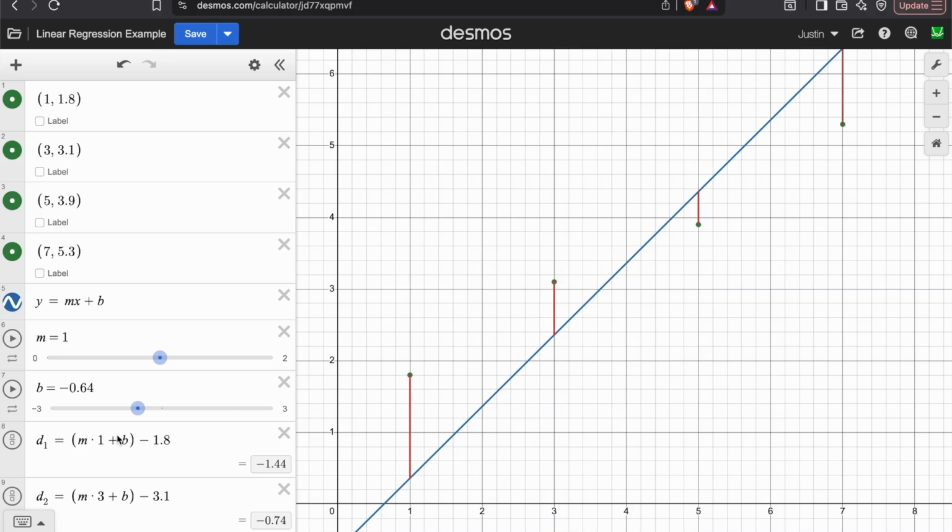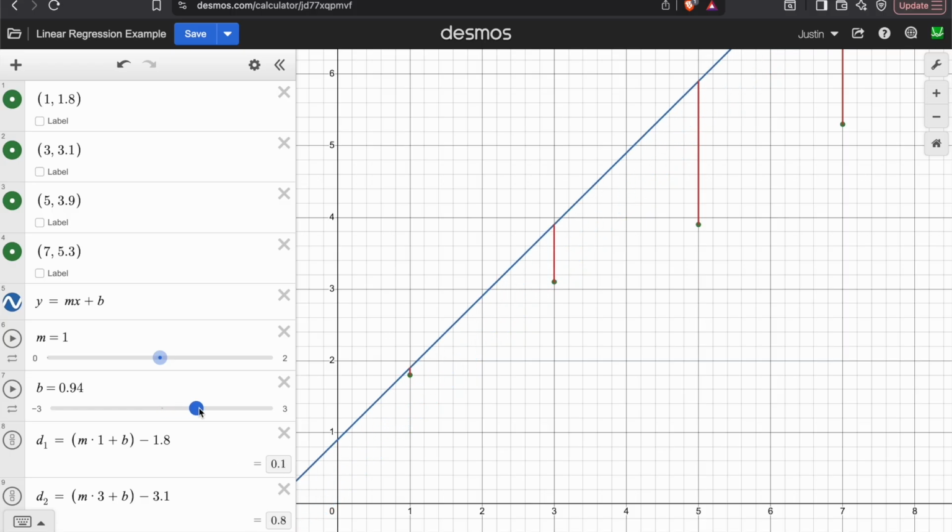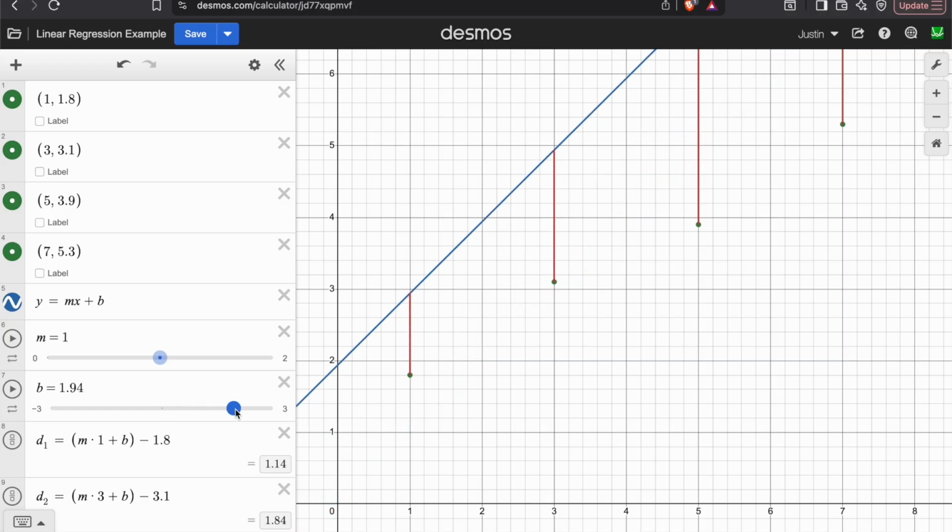It's negative 1.44. You can see if I drag this up here now, the line is above the point. And so when I take the value of the line there, which is m times 1 plus b, and then I subtract 1.8, I come down, and now I have a positive value for my distance. That's going to come into play in just a second.